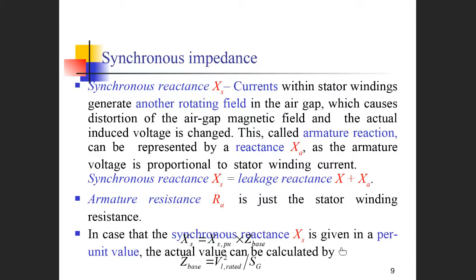In that case, the actual value is the per unit value times the base value. And the base value here, the base impedance, is actually the rated load impedance.